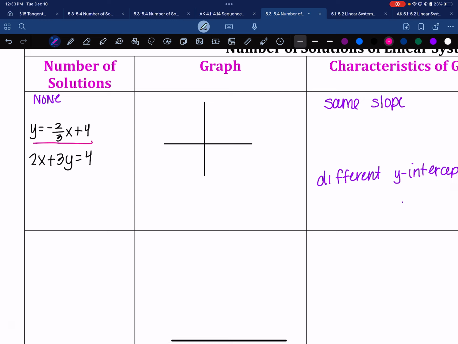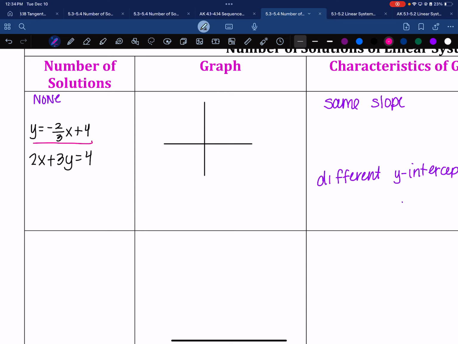A line with a negative slope. Show me with your arms. Let's pretend it's going to be on here and I'm behind you. Is it going to go this way or this way on my paper? Yeah, it's going to go like this, right?